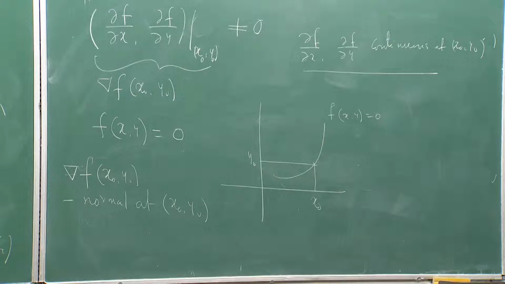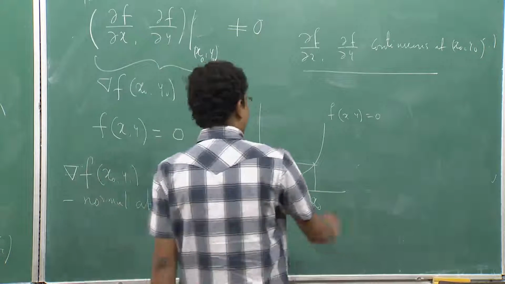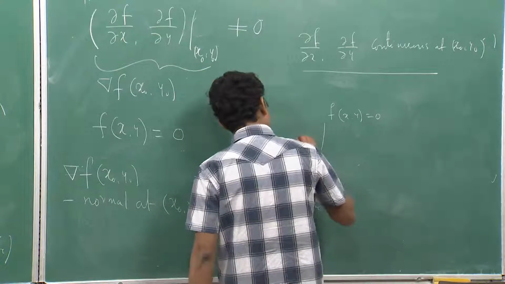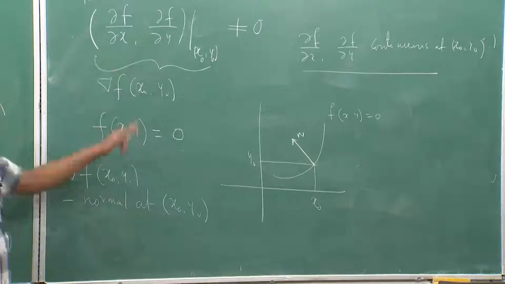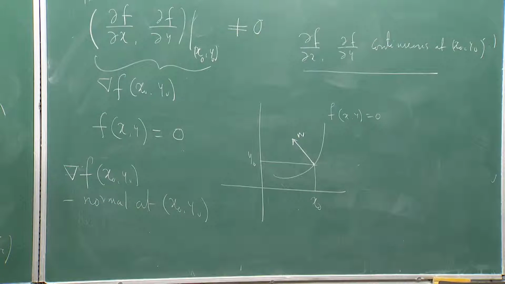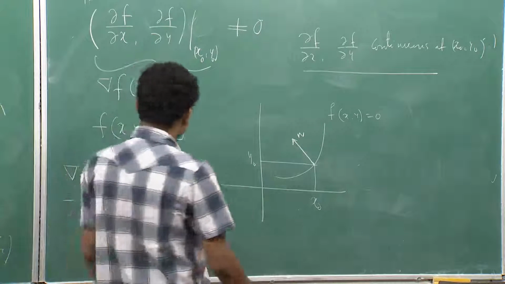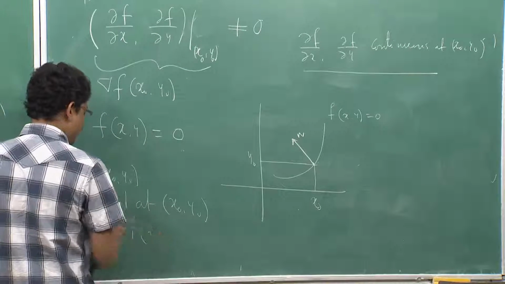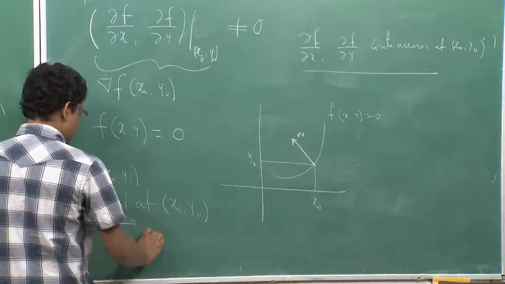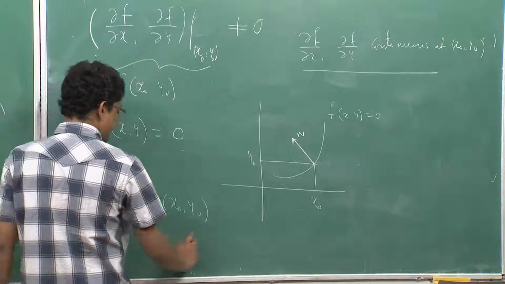For a level curve, the gradient at a point is geometrically the normal at that point. And this condition means the normal is non-zero. Normal non-zero means it is not parallel to the x axis.